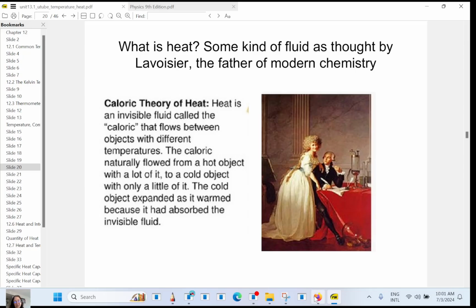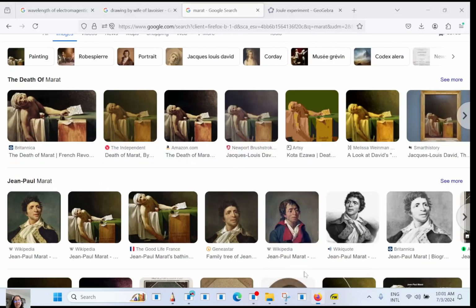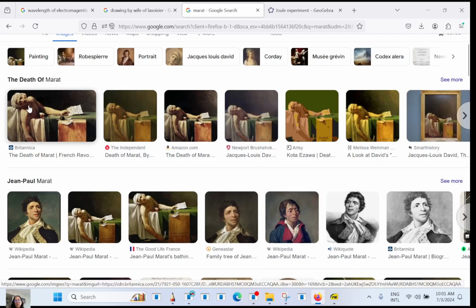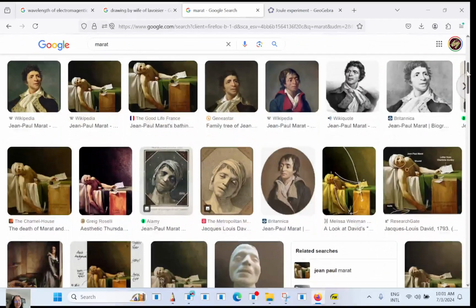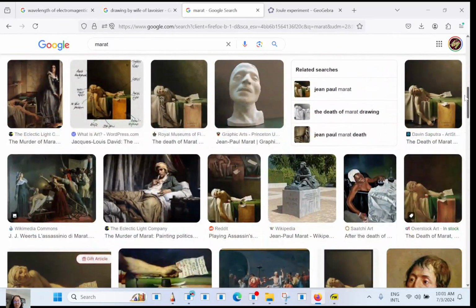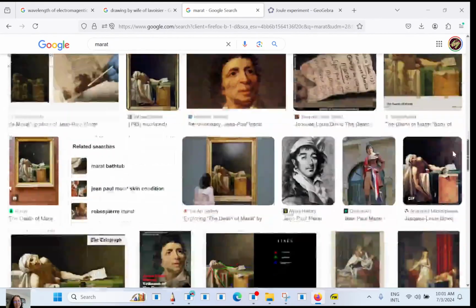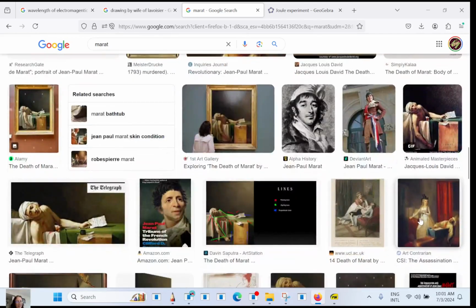And another interesting story. So this guy, Marat, had a skin disease, I think it was psoriasis, a skin condition. So all his day he was in a bath, and he was killed by a woman named, I don't know if you can see her here, Charlotte.